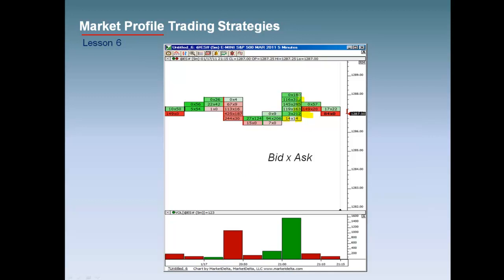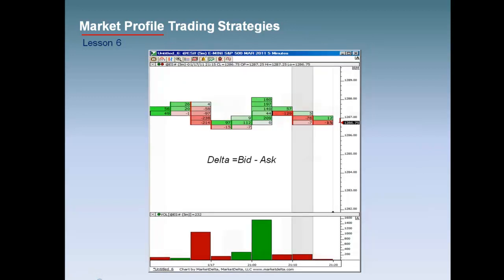I can actually take a look now and tell you during this period of time, which was a 5-minute increment, how many contracts were sold at bid and how many were sold at ask. This is very helpful and very powerful information. All right, the bid is on our left side and the ask is on the right-hand side. Okay, so bid and ask information.